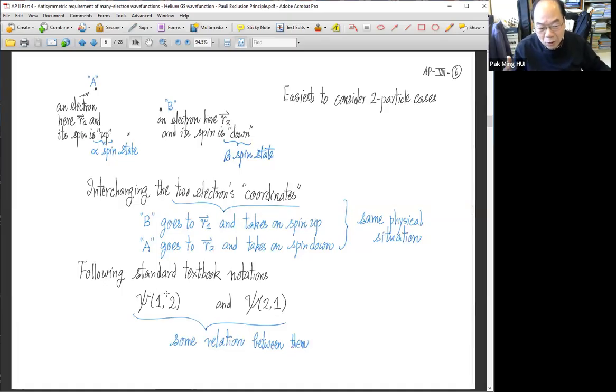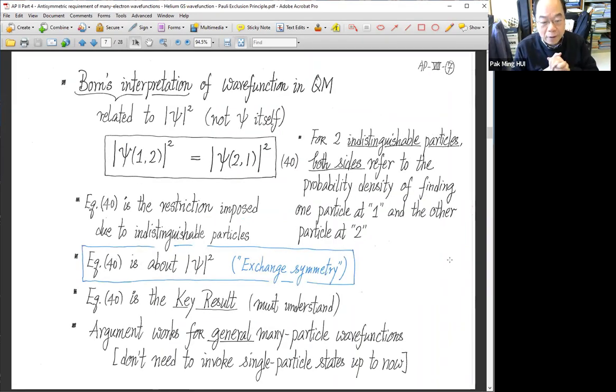Nearly all textbooks use this: 1, 2, this is the first A particle, this is the B particle, and interchanging them gives 2, 1, all right? And we expect there is some relationship between them simply because before and after interchanging, they are the same situation. And in this discussion, I will use the simplest plausible argument.